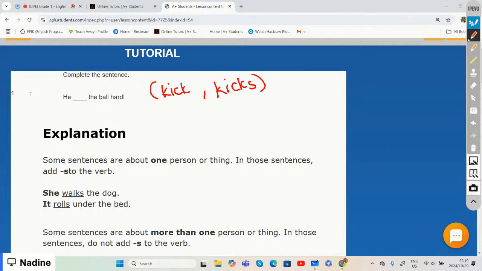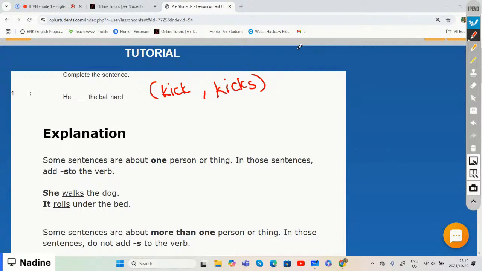He refers to one person doing something.